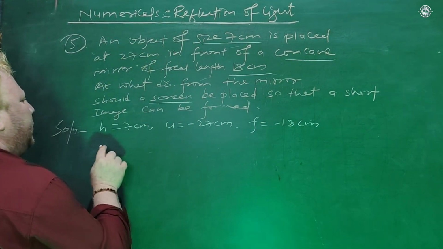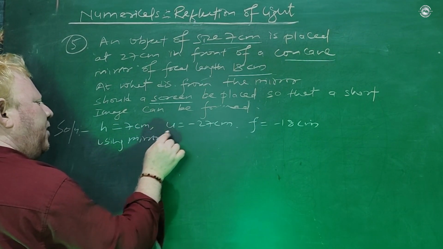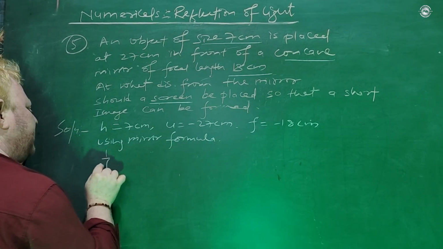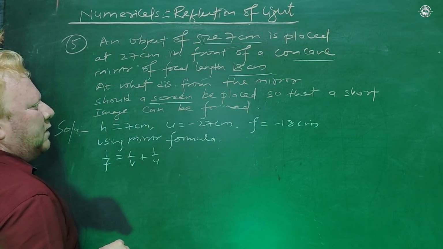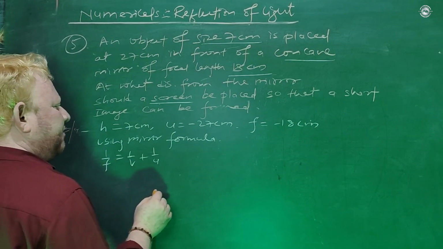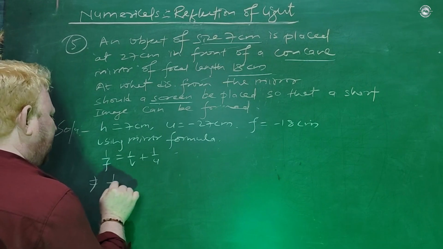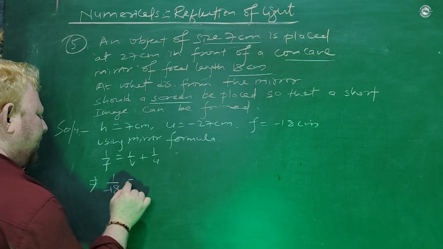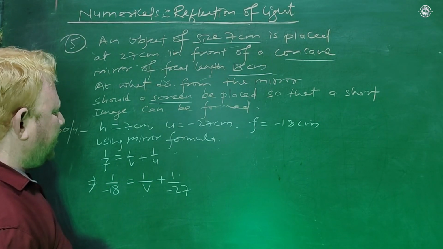So using the mirror formula, 1 by f is equal to 1 by v plus 1 by u. The focal length is given, so I am writing 1 by minus 18 is equal to 1 by v plus 1 by minus 27.